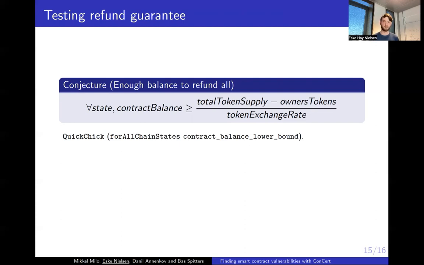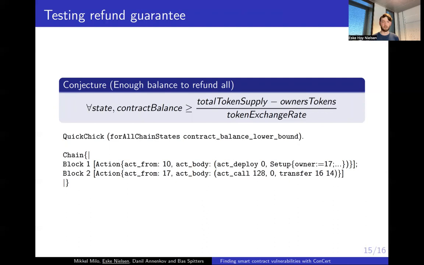Running this shows that the property doesn't hold, and we get the following counterexample, which shows that while the owner is not able to call the refund entry point himself, he can instead call the transfer entry point and transfer his non-refundable tokens to someone else, and then they're suddenly refundable because the other user is not prevented from calling the entry point.